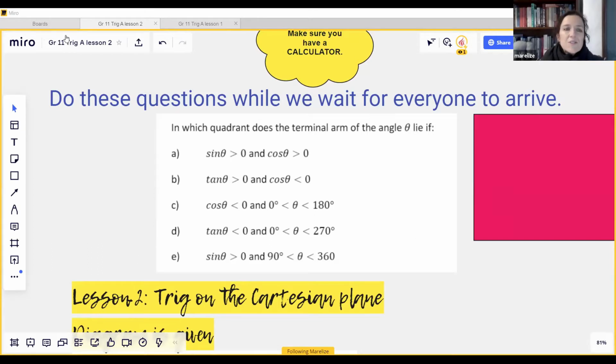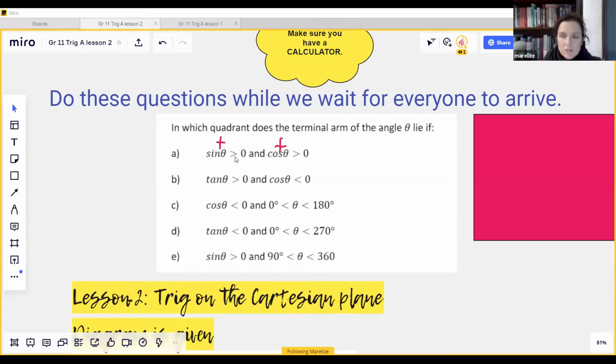Okay, so for the first question that you had to try while we were waiting for our do now, you had to say in which quadrant is sine theta greater than 0, in other words, positive, and cos theta also positive. So that must be positive, and this is positive.